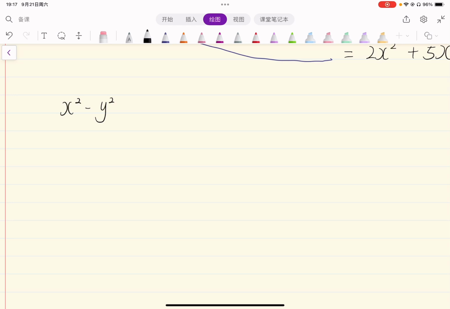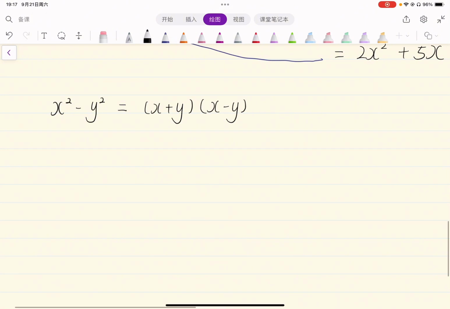It is a special one. When you are doing factorization, we can get x plus y times x minus y. We call this the difference of two squares.